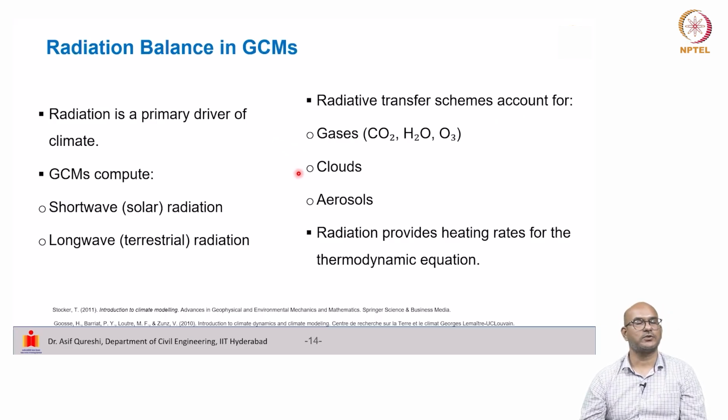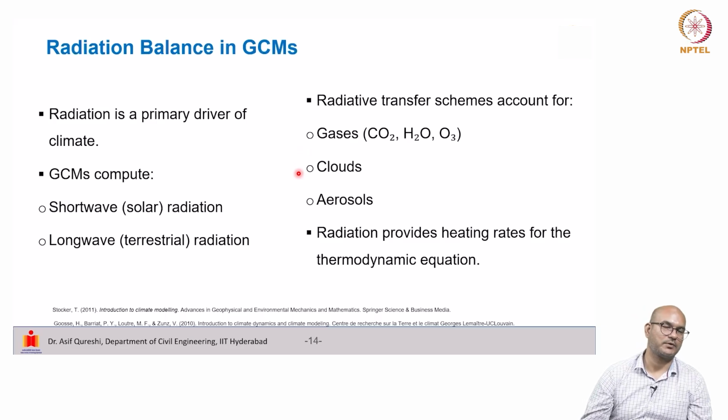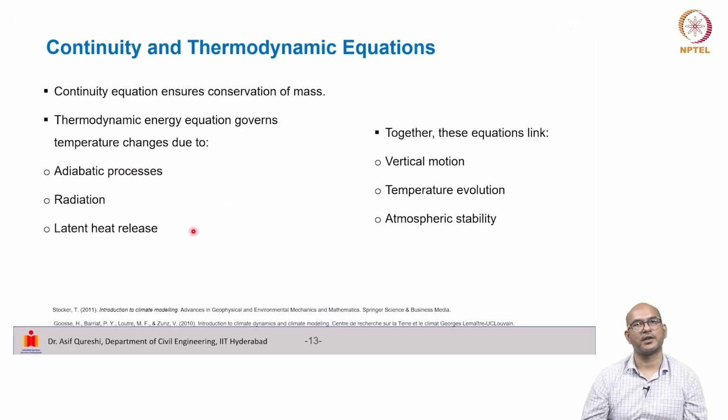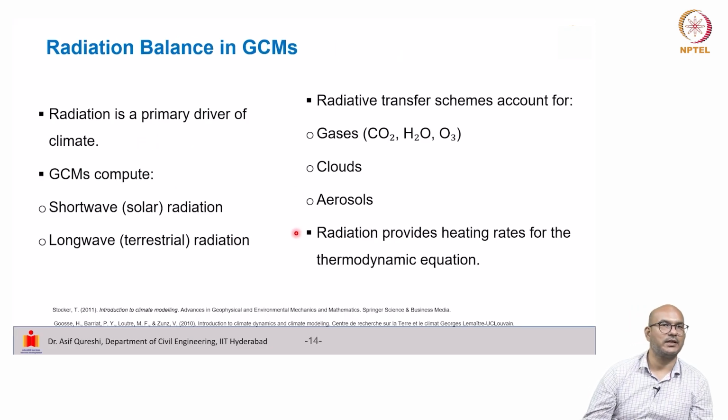Then clouds, of course, which are very important in terms of climate governing radiation absorption, reflection in general and the whole climate feedback. Similarly, aerosols have to be accounted for because these are also important components. All this radiation will of course then provide the heating rates for the thermodynamic equations that we were talking about. So, these are all coupled.